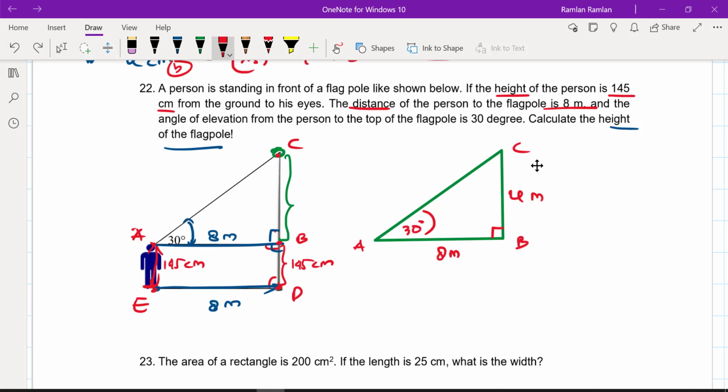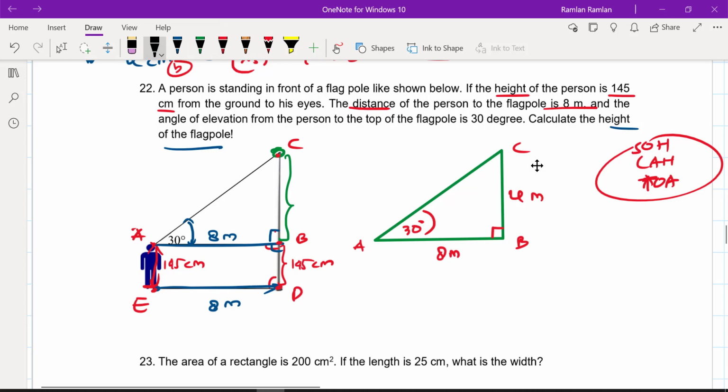Now to find the length of BC, we can use these two pieces of information. By using the trigonometric ratios, SOH CAH TOA, we can actually find that length. The first thing, if we want to use this concept, is to find which one is the opposite, hypotenuse, and adjacent.